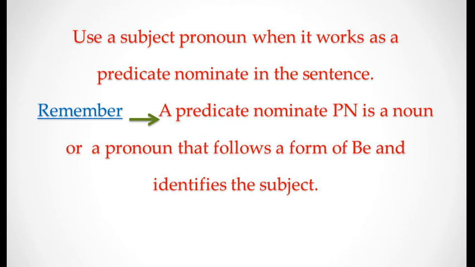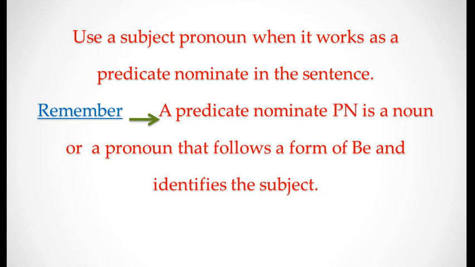The next part, just information for you: use a subject pronoun when it works as a predicate nominative. Remember what a predicate nominative is? It's an old lesson. We have said before that the predicate nominative is a part of the subject complement, what completes the meaning of the sentence.